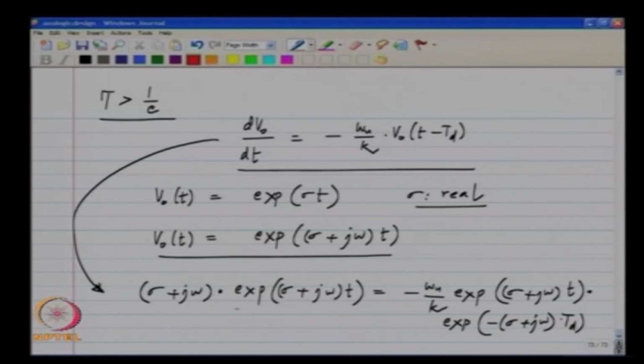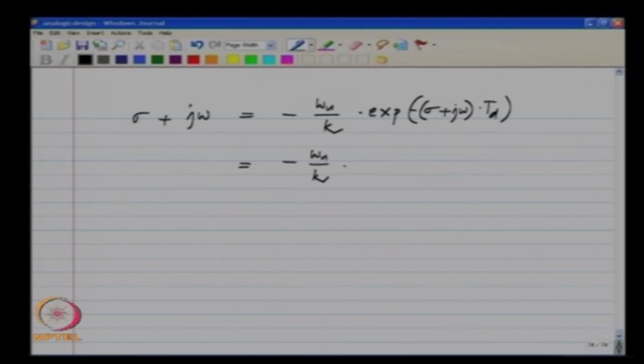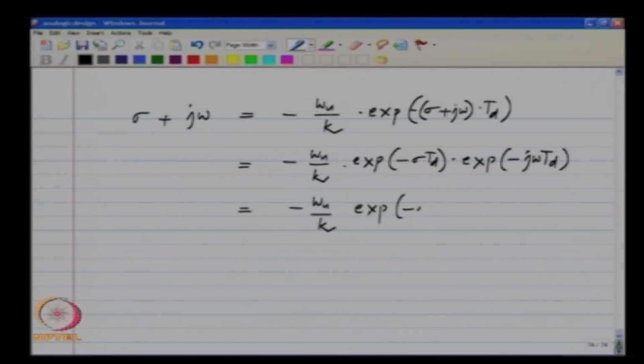As before, this cancels out and we will be left with sigma plus j omega equals minus omega u by k exponential minus sigma plus j omega times t d, which can be written as minus omega u by k exponential minus sigma t d, corresponding to the real part of the exponent, and exponential minus j omega t d, which can be further expanded into its real and imaginary parts.